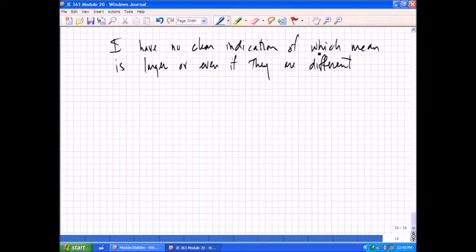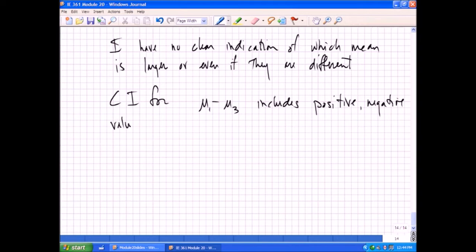That is, a confidence interval for the difference mu1 minus mu3 contains or includes positive values, negative values, and 0.